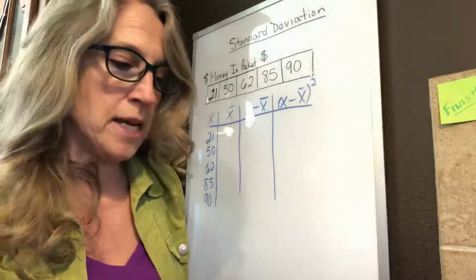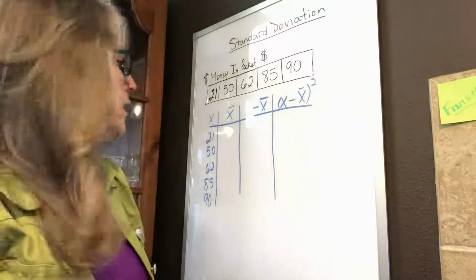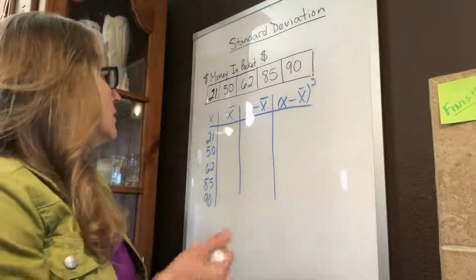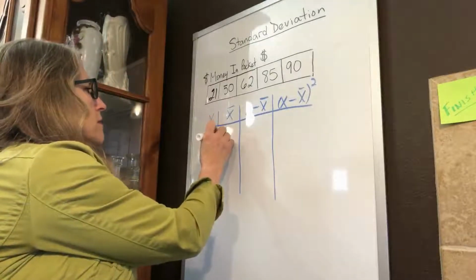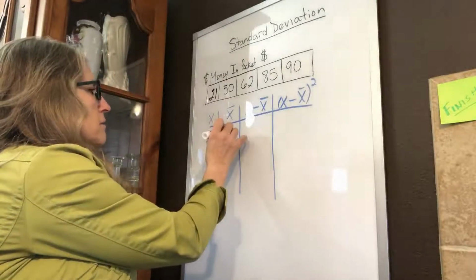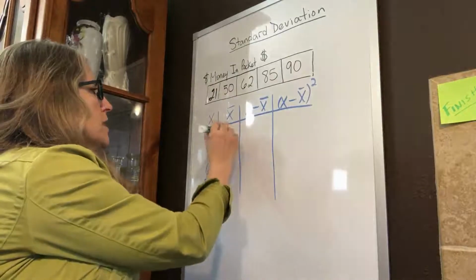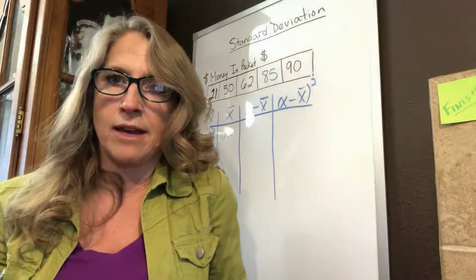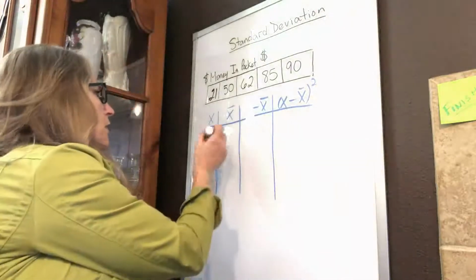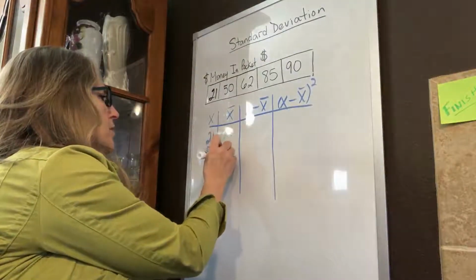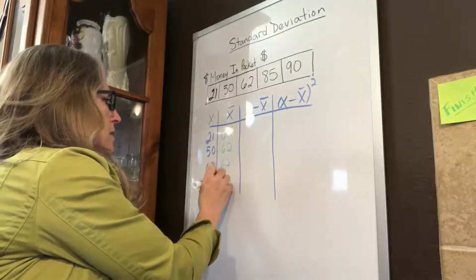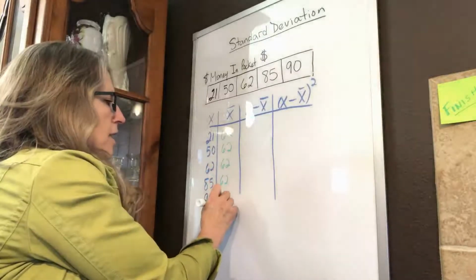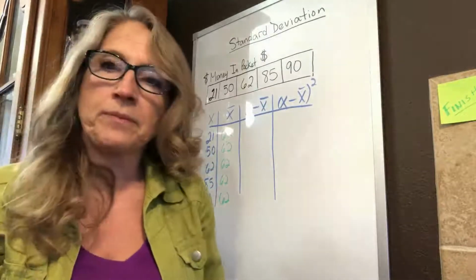So I got the mean as 61.56. So my mean is 61 point, actually let's just go 62, right? Let's round it for this purpose, okay? So for each one of these, my mean is 62. 62, 62, and 62, right? The mean is all the same, all the way down, okay?